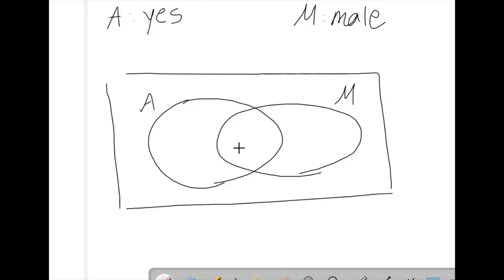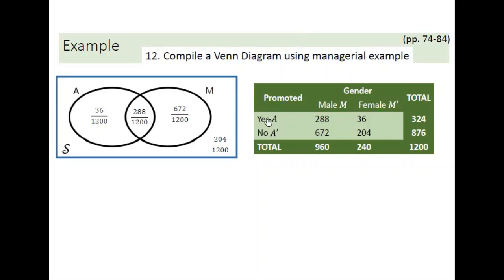We start from the intersection of yes and male. The intersection of yes and male is 288 divided by 1200. We can write the frequencies or we can write the probabilities.